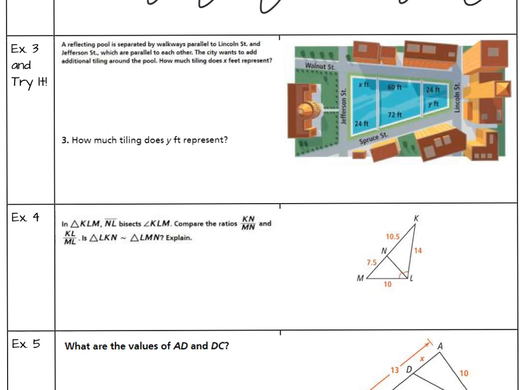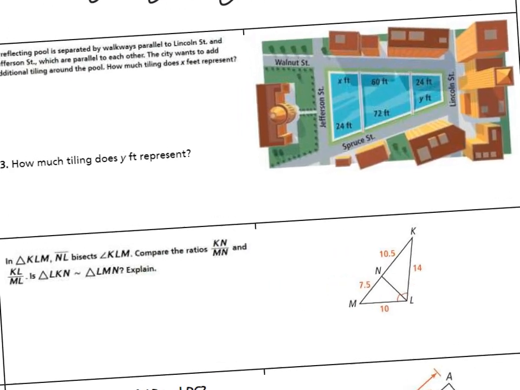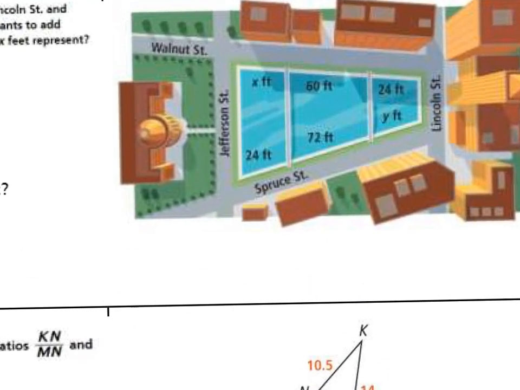All right, so looking at this picture, let's kind of zoom in. We first want to figure out the length for x on the top left-hand side. So that's the segment right here. If we know that the walkways in between are parallel to each of the streets, they're going to be parallel to each other. So what we can do is apply the side splitter theorem.